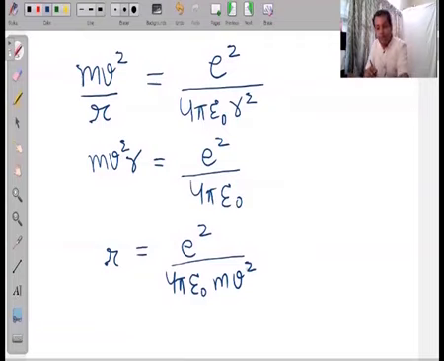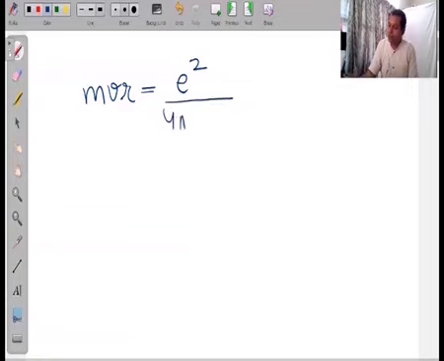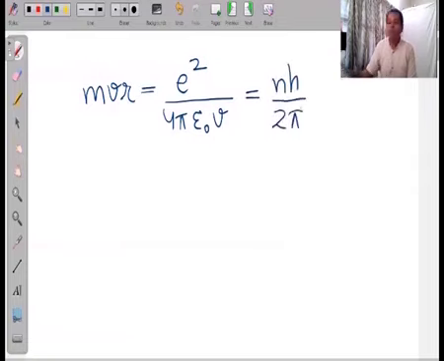Right? Then the next step, so here we can write mvr as equal to e squared upon 4 pi epsilon naught v, and that is equal to n h upon 2 pi from Bohr's angular momentum quantization, or Bohr's postulate.